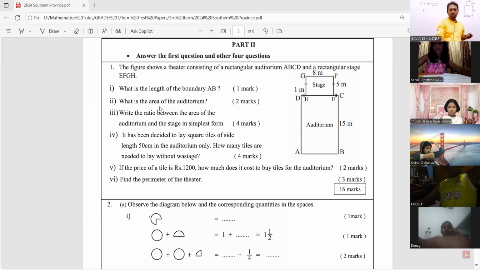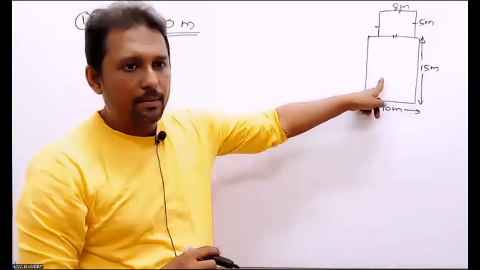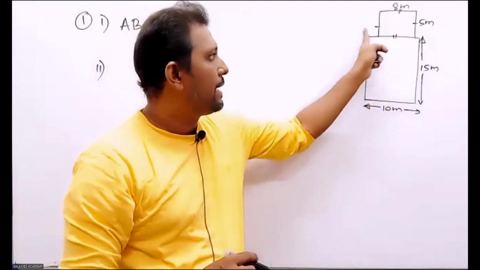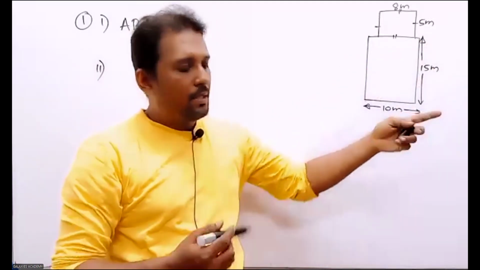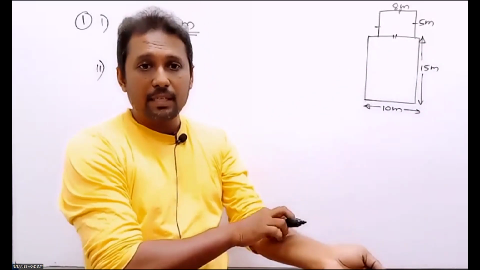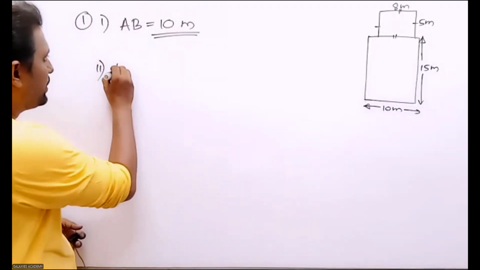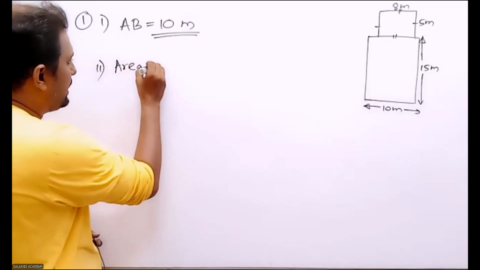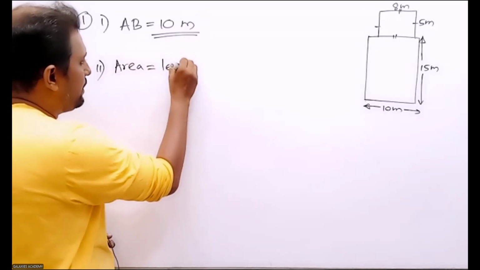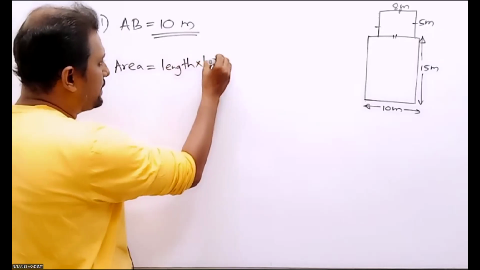Right? So you have to find the area of the auditorium. This is the auditorium. It is rectangular in shape. Right? You know the method of finding the area of a rectangle. Area is equal to length into breadth.